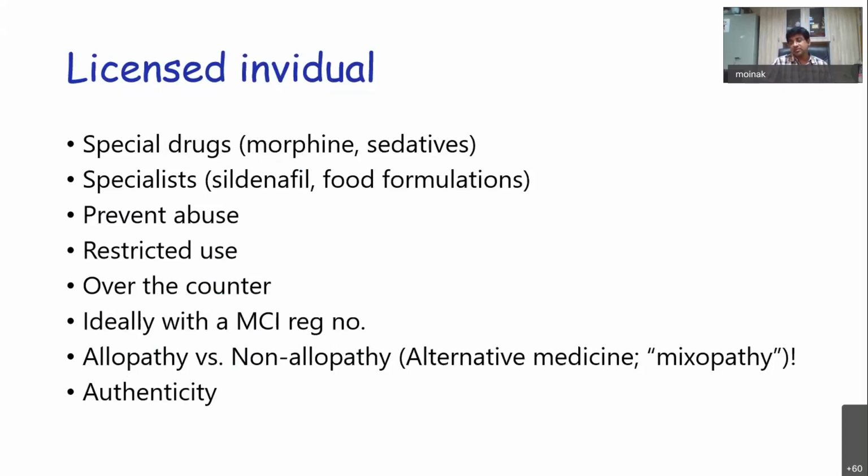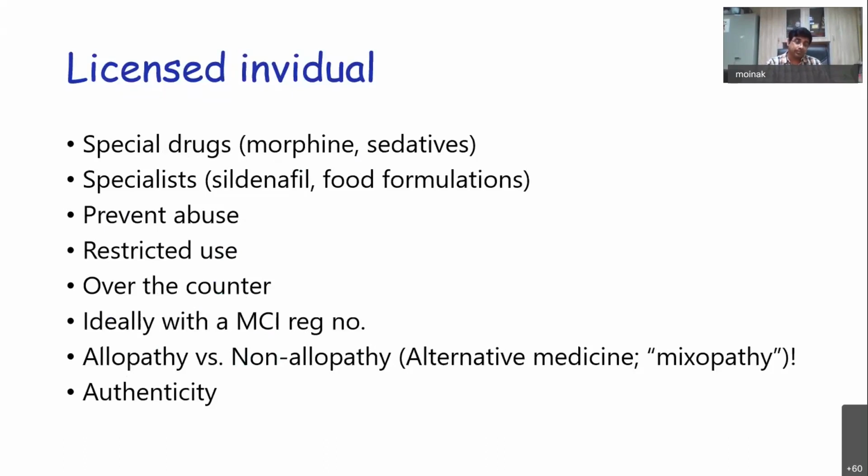Food formulations, we as pediatricians, we have very specific food formulations. Only pediatricians and very special gastroenterologists can order these. Others cannot. There are special drugs, for example, morphines and sedatives. So those of you who are in anesthesia or other allied fields will know the fact that morphines and sedatives can only be prescribed by or with a MCI registration number.